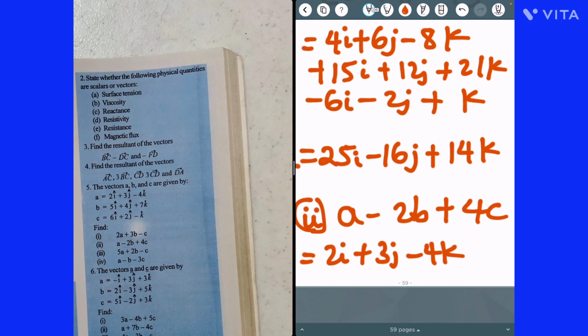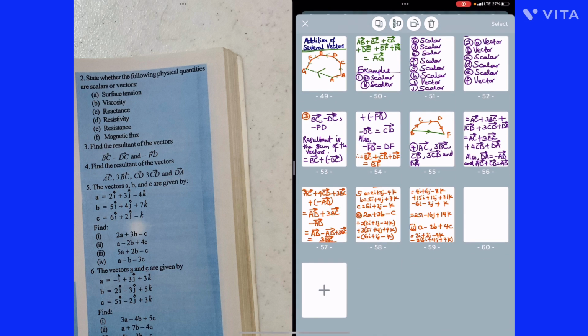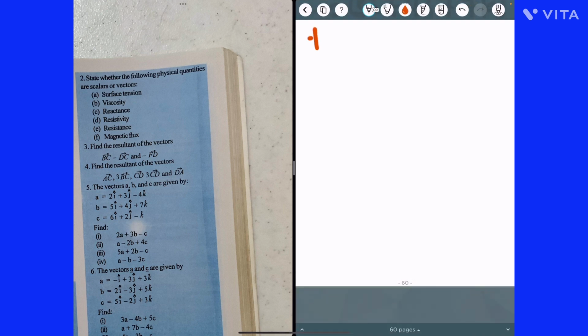Minus what? Minus 2 times 5I plus 4J plus 7K, that's minus 2B. Then plus 4C. Plus 4C is what? Plus 4 times 6I plus 2J minus K.